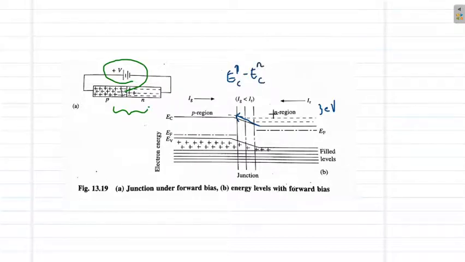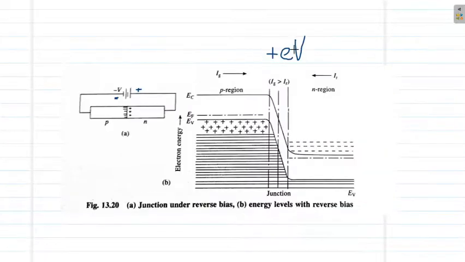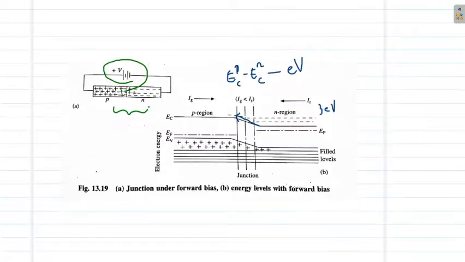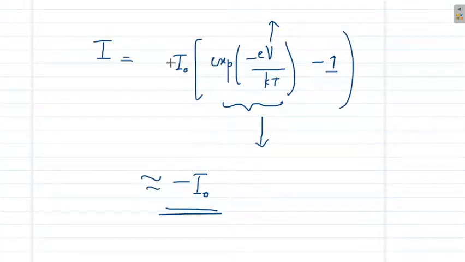Here it will increase by plus EV. So now no more electrons can move across this junction, and the current will vary as in this equation in the case of a reverse-biased semiconductor junction.